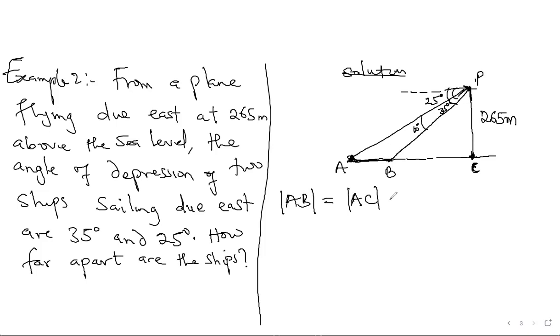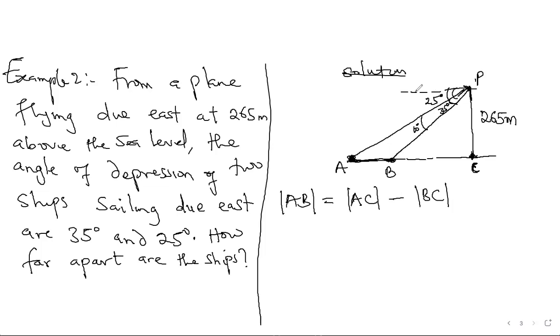If we get AC and you subtract BC from it, we should be able to get AB. So from here to here, and you take away from here to here, that should give us from here to here. So how do we get AC? So what we need to get now is AC and BC.